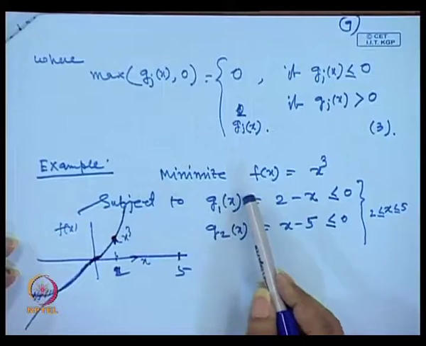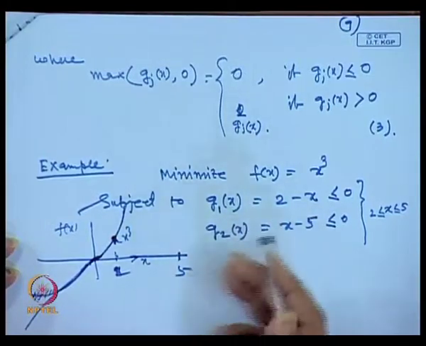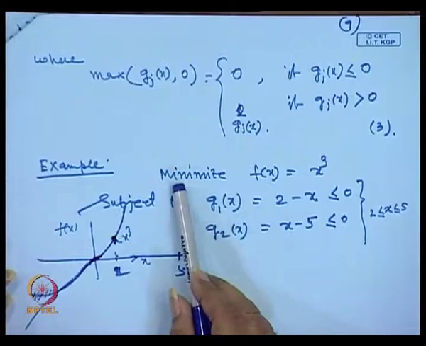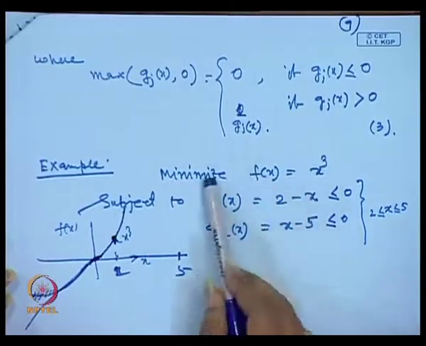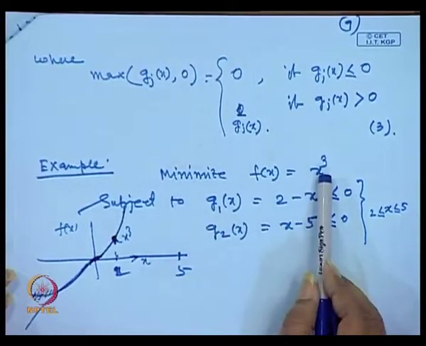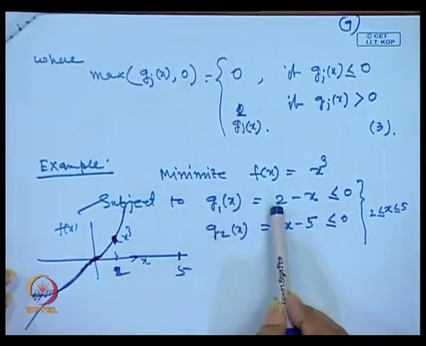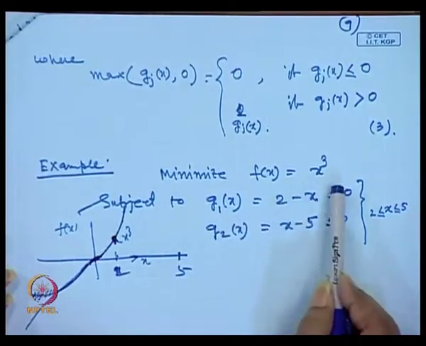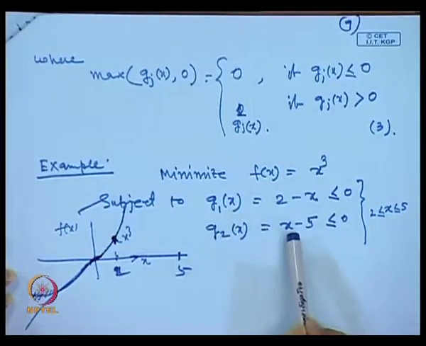First, how do we select the penalty coefficient values? Let us call this the nonlinear equation. We have to minimize this subject to g 1 of x equal to 2 minus x less than or equal to 0, and another, x minus 5 less than or equal to 0.